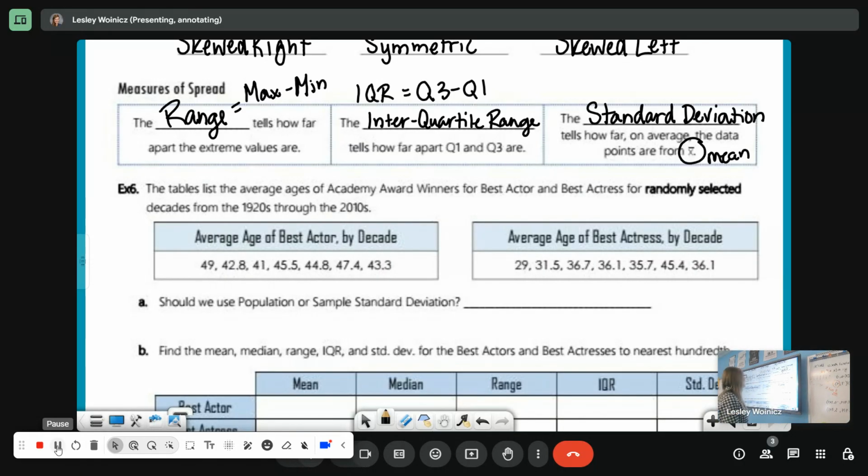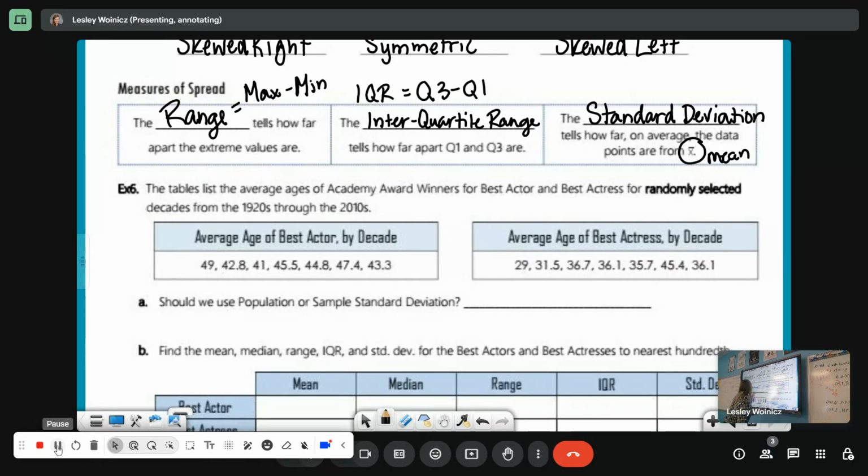It's different. Okay, here in our tables we have the average ages of Academy Award winners for Best Actor and Best Actress for randomly selected decades from the 1920s to the 2010s. Okay, so these are averages for entire decades.